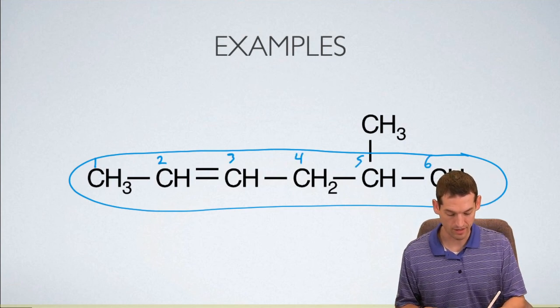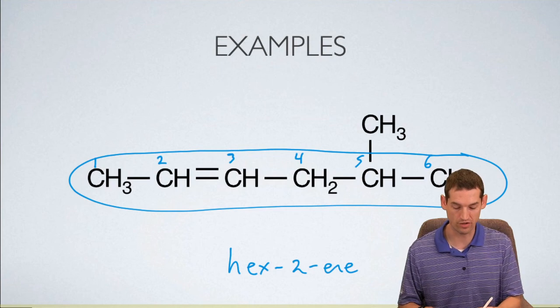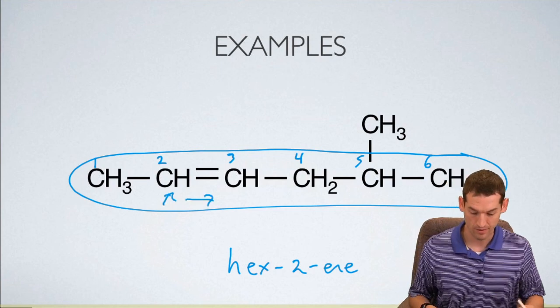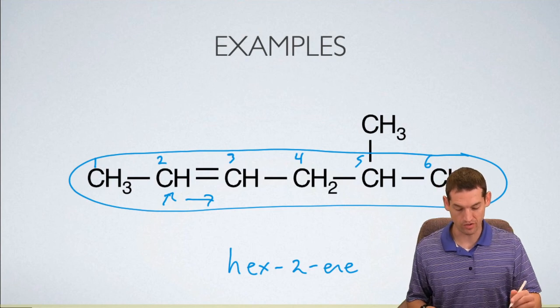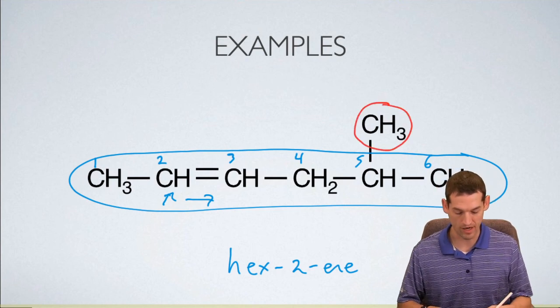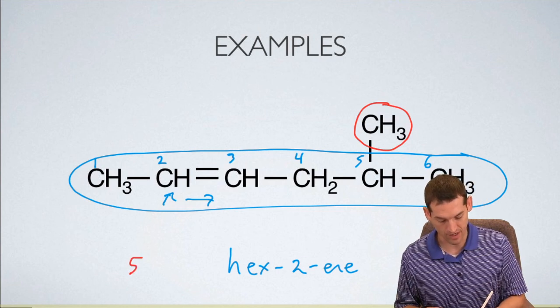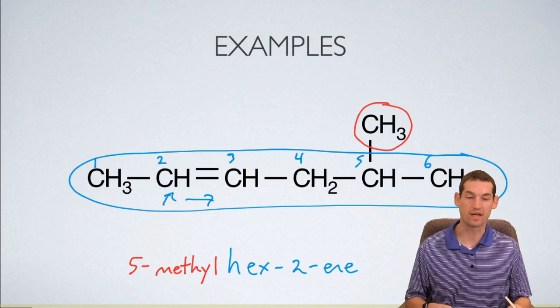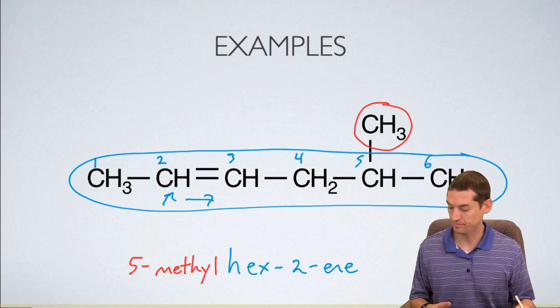So I have a hex-2-ene. The double bond starts on carbon 2 and then goes this way. And the branch is a single carbon branch on carbon 5. So that's a 5-methylhex-2-ene.